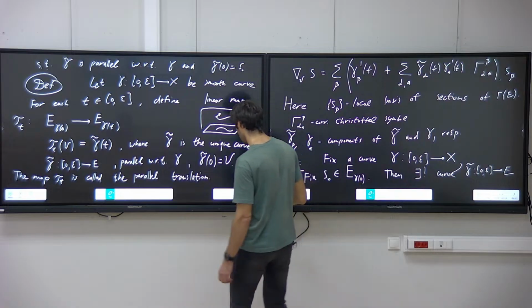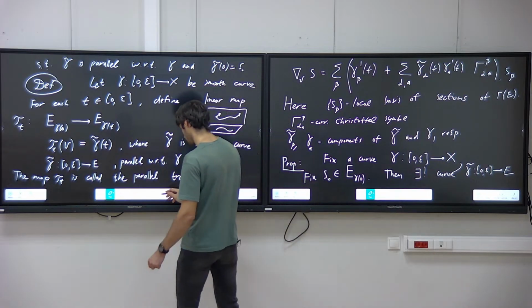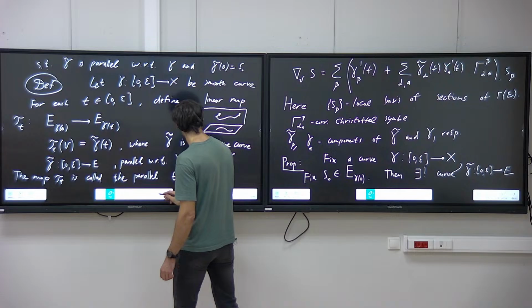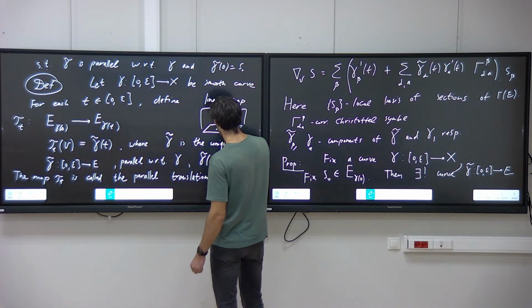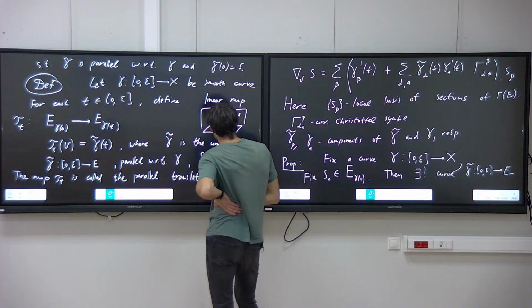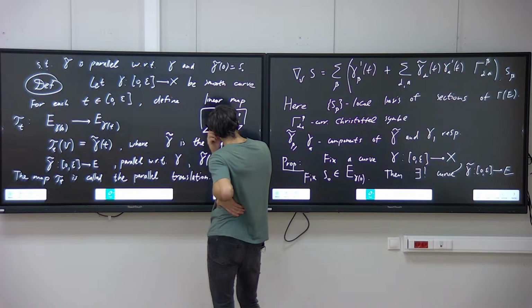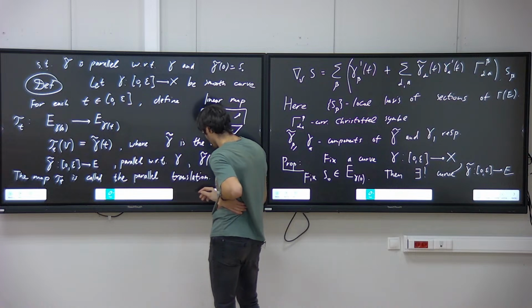I didn't draw it very well, so it should be a curve which, well, I don't need these arrows.